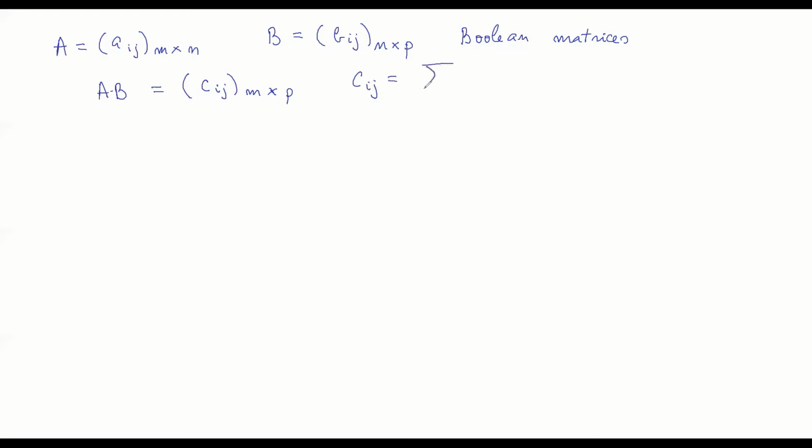This is going to be the sum from k equal 1 to n of a_ik times b_kj. Just like you normally have with matrix multiplication, I'm only pointing out that this dot, this multiplication, and this sum are operators in the Boolean algebra B2. So here is an example.